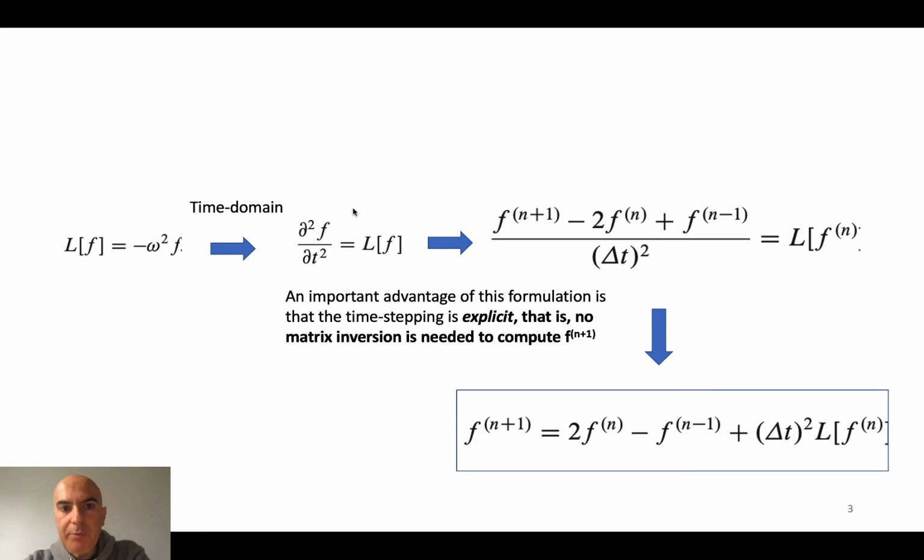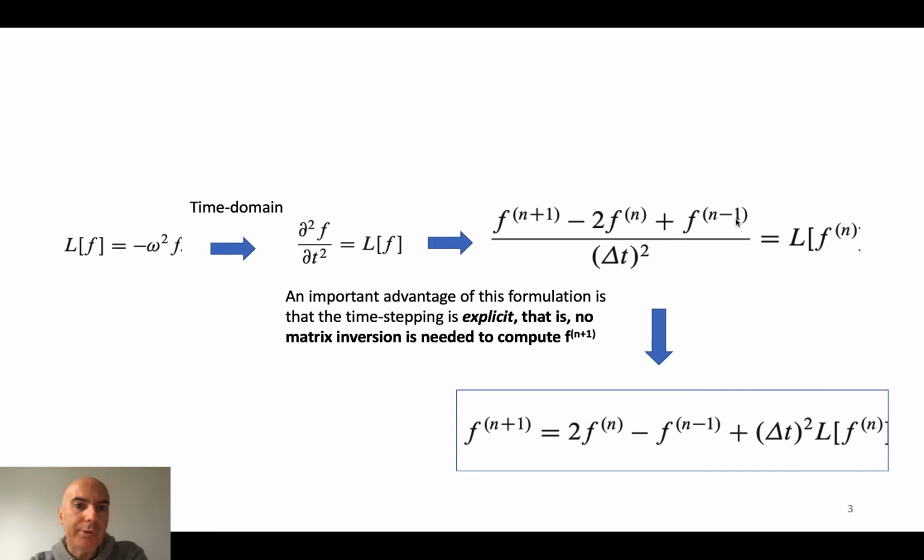What we know from the previous lecture is that we can formulate this continuous derivative in a discrete formulation. So in this part of the slides, you see the discrete formulation of the second order derivative in time. In this case, n is an index for the time step. And so the new time step is called n plus 1. The current time step is called n, and the previous time step is going to be n minus 1.